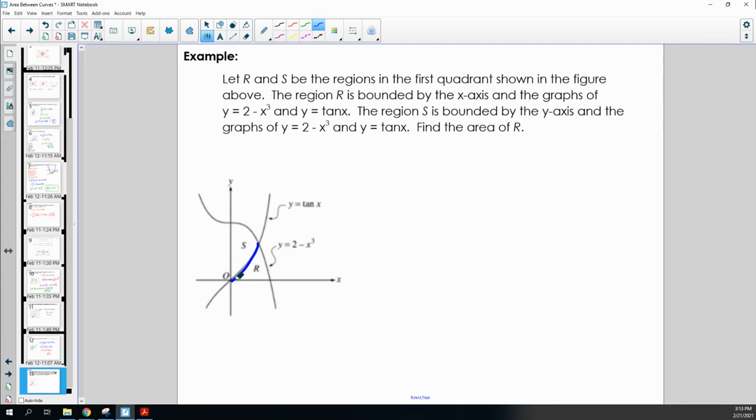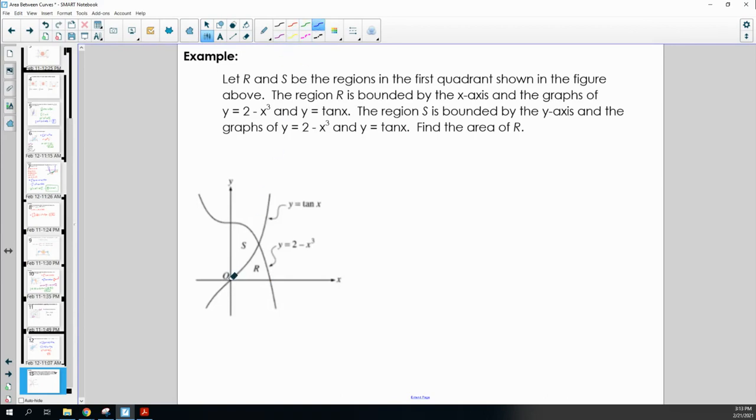So it's top minus bottom, tan x minus 0. Once I get to this point of intersection here, the tan x is gone from this R area, and my new top function is 2 minus x cubed. So 2 minus x cubed minus 0. We have to split this up into two different integrals that are going from different x values.